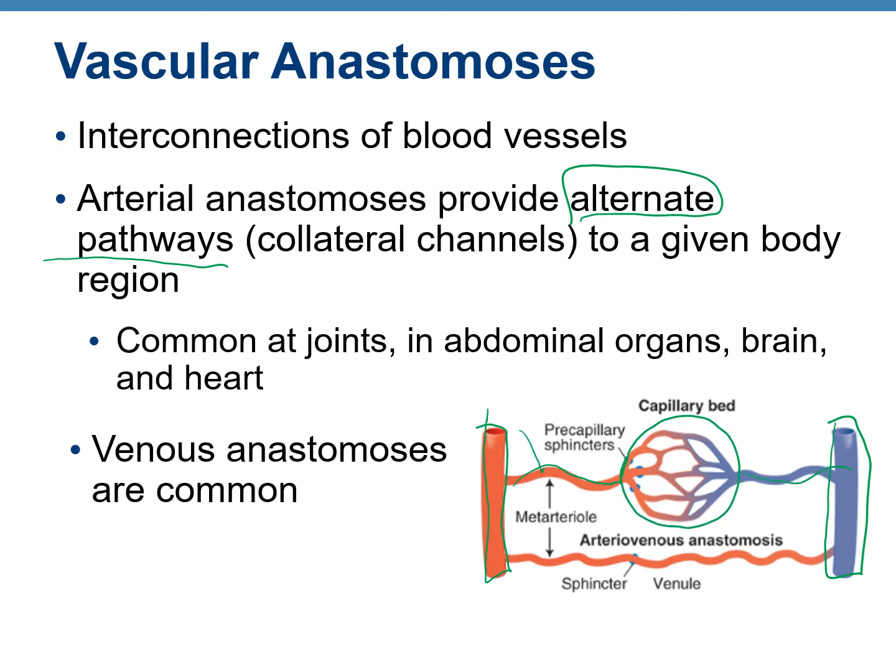If we have some vascular occlusion over here, some blockage of this blood vessel, we still have anastomosis that allow us to move blood from the artery to the vein. Anastomoses are common at joints, abdominal organs, brain, and heart. Especially, we have a lot of venous anastomosis.